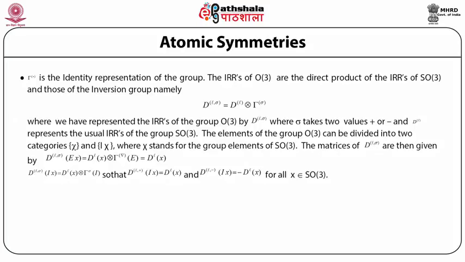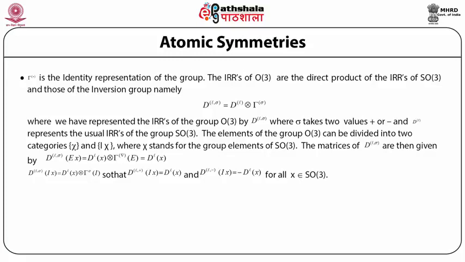Sigma takes two values, plus or minus, and D_L represents the usual irreducible representation of the group SO3. So D_L is the irreducible representation of SO3, and D_L sigma is the irreducible representation of the group O3.